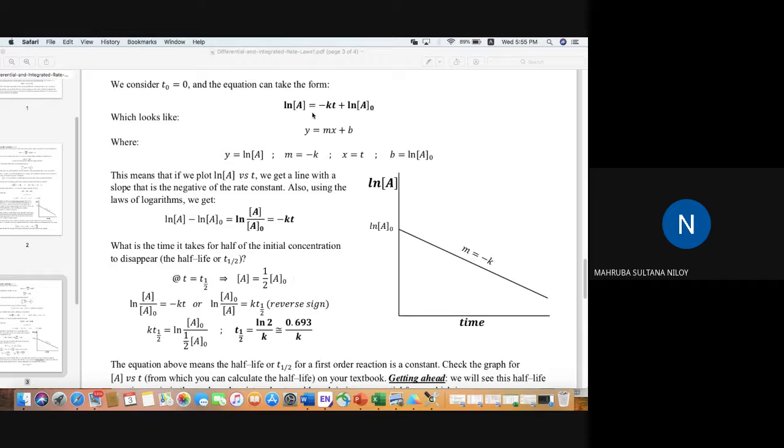So for this equation, we can replace A by A naught by 2, right? Yes, sir. Is it clear or not? Yes, sir. Okay, and then if we reorganize the equation, we can get something like this ultimately.